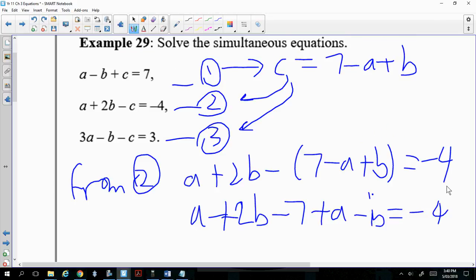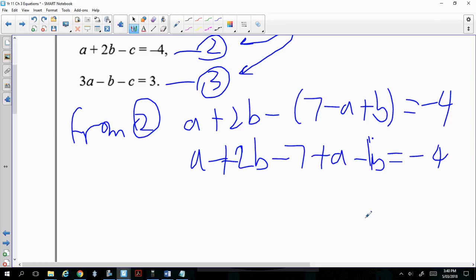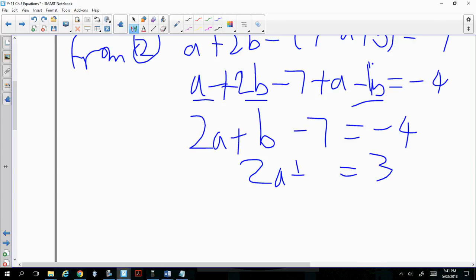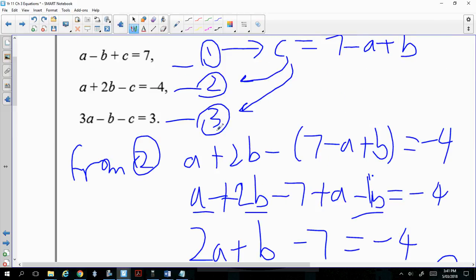Then you collect like terms, so 2a plus b minus 7 equal to negative 4, which gives 2a plus b equal to 3. Because I've already named 1, 2, 3, that will be the fourth equation.